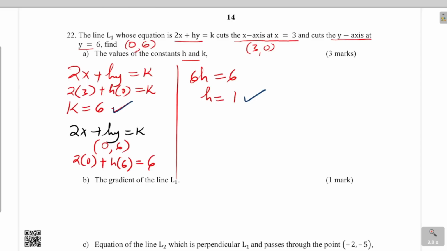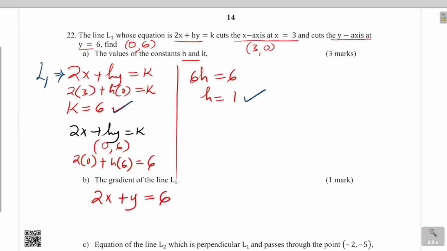Then after doing that, we can get the gradient of line 1. Remember, this is the line 1. Now after getting the values of h and k, we can substitute them in that equation so that we have 2x plus h is 1, so 1 times y, that will be y, is equals to k, which is 6.